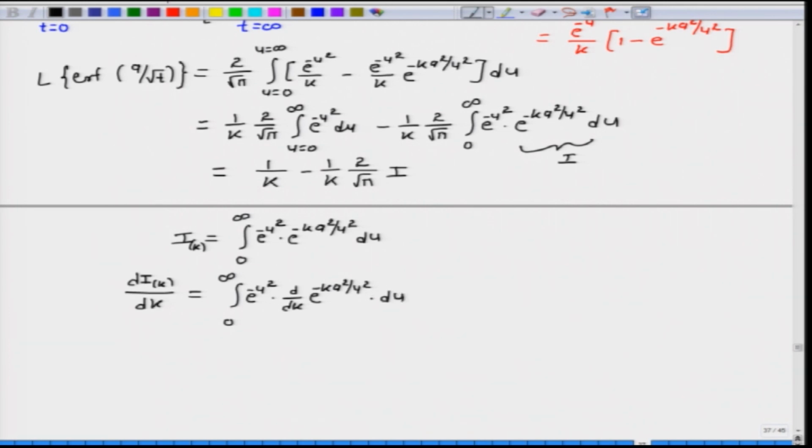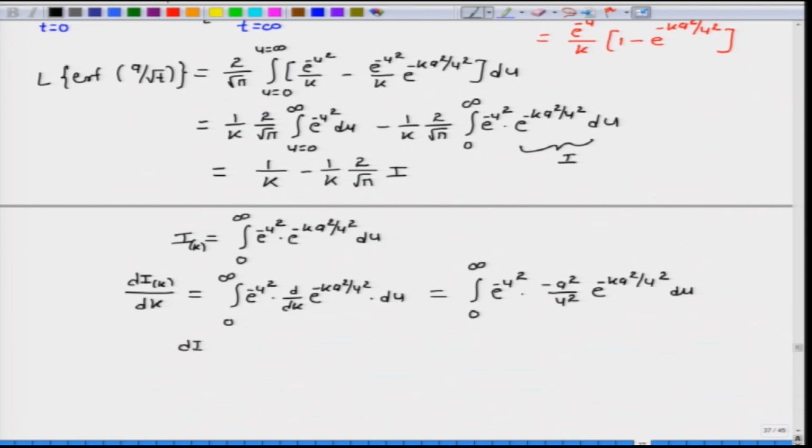And if we evaluate the derivative of e to power minus k a square by u square and substitute, we get integral 0 to infinity e to power minus u square times minus a square by u square e to power minus k a square by u square du.